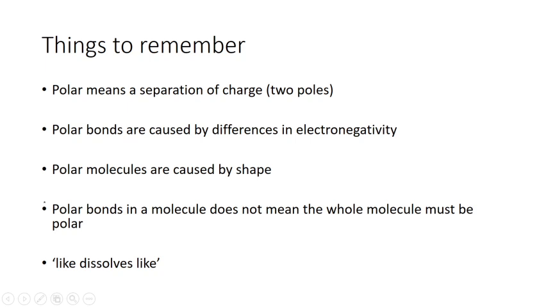A polar bond does not necessarily mean that it is going to be a polar molecule. And then let's remember the like dissolves like rule, because it is definitely useful in chemistry and in our daily lives too.